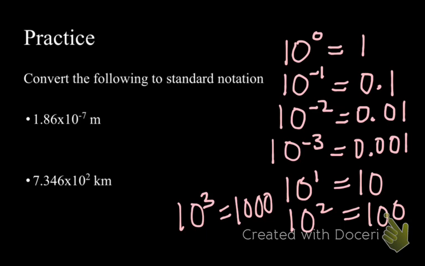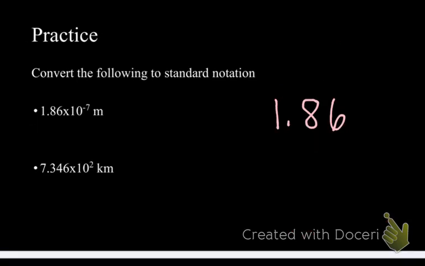Okay, so in the last two examples here, we're going from scientific notation and we're going to convert that to standard notation. So when it comes to the numbers with negative exponents, I know it's going to be a really small number, so I just give myself a little bit of room. I'm going to copy down the coefficient.